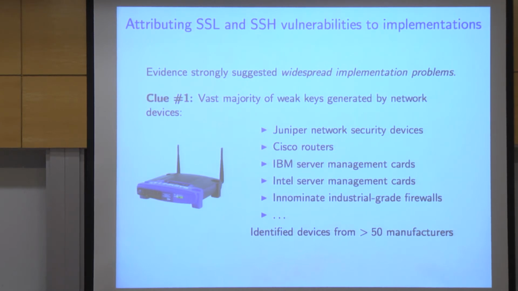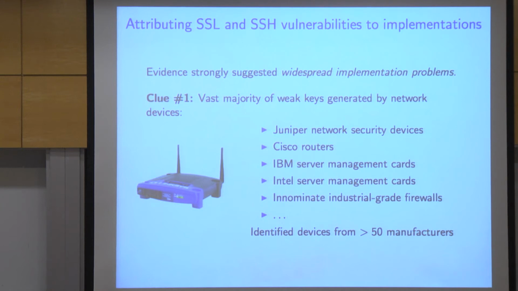And the available evidence, for example, the subjects of the certificates and the addresses that were serving these weak keys, almost all of them were very obviously some kind of network device. And we identified many of the devices that were serving the most common certificates, and we saw basically all of the biggest names in the industry.